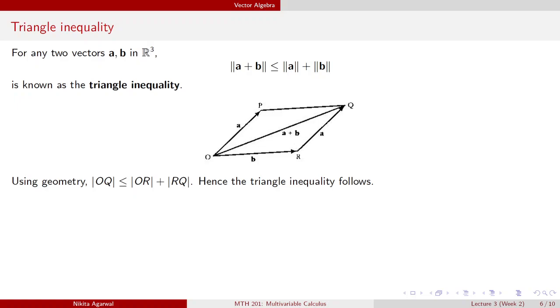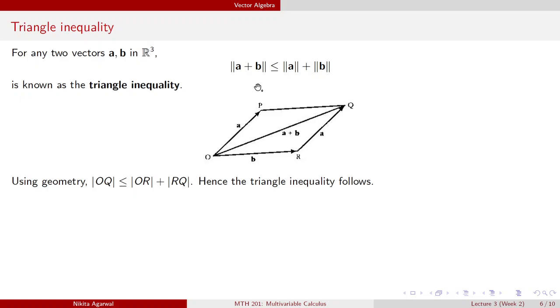Now, from basic geometry, you know that the length of the third side is less than or equal to the sum of the lengths of the other two sides, right? So we already know that the length of OQ is less than or equal to length of OR plus length of RQ, right? What is the length of OQ?